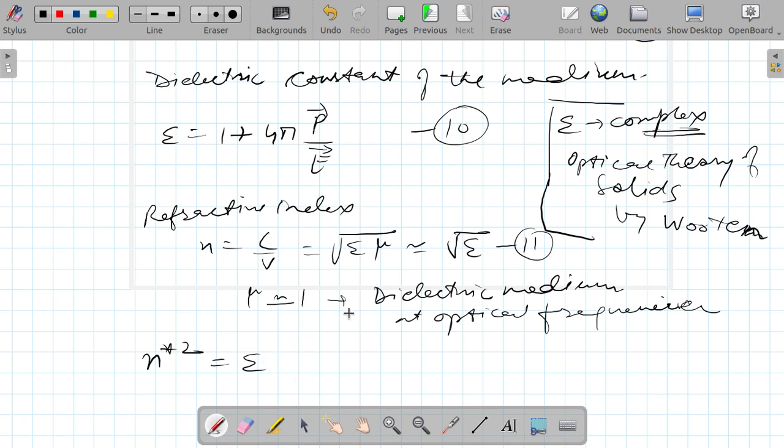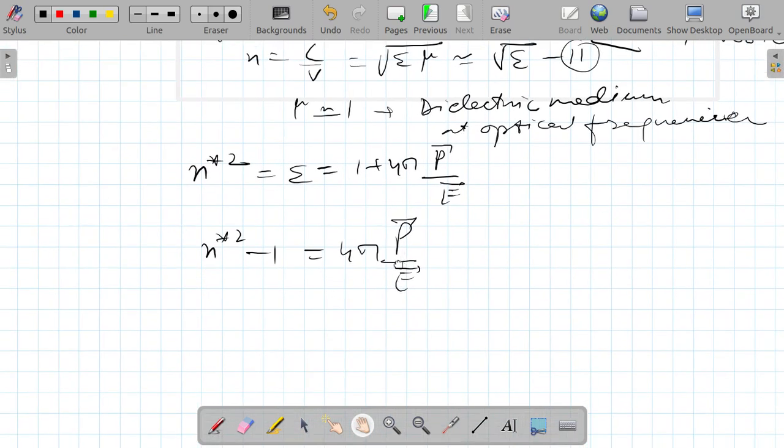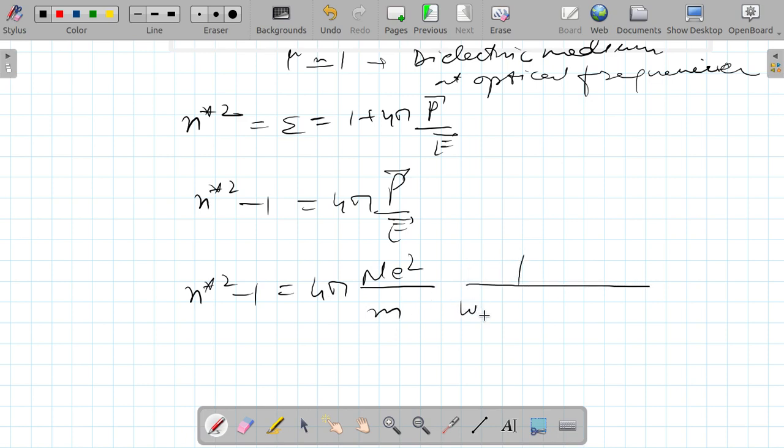If I use the value of epsilon from equation number 10, it is equal to 1 plus 4 pi P by E. So n star square minus 1 is equal to 4 pi P upon E. Therefore the expression for the refractive index becomes n star square equal to 1 plus 4 pi Ne²/m times 1 over (ω₀² minus ω² minus iota g₀ ω).